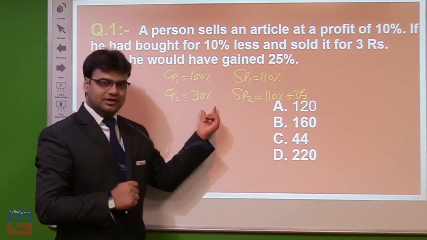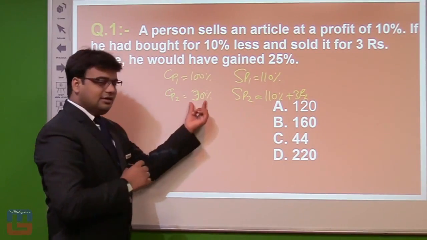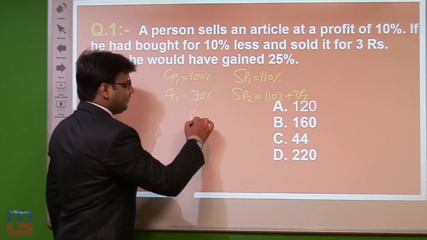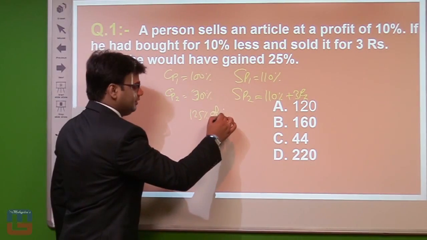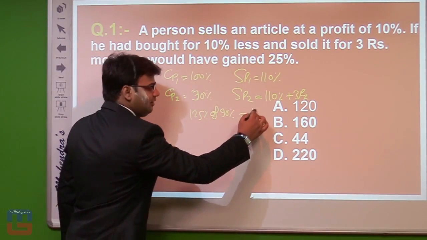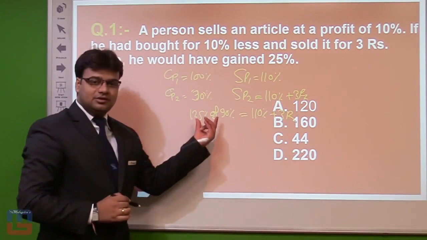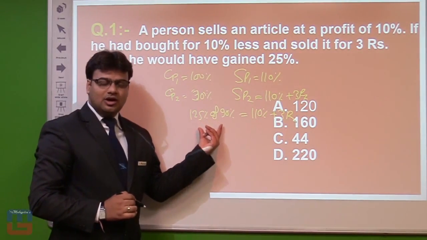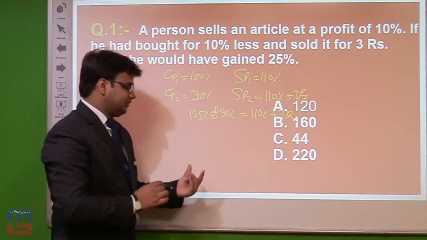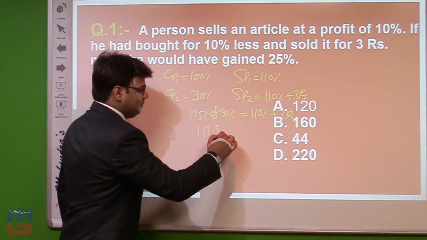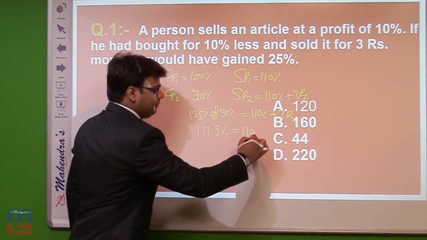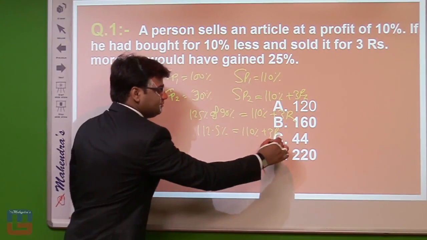That means 125% of 90% is equal to 110% plus ₹3. We know 125% of 90% is 112.5%. So 112.5% is equal to 110% plus ₹3.